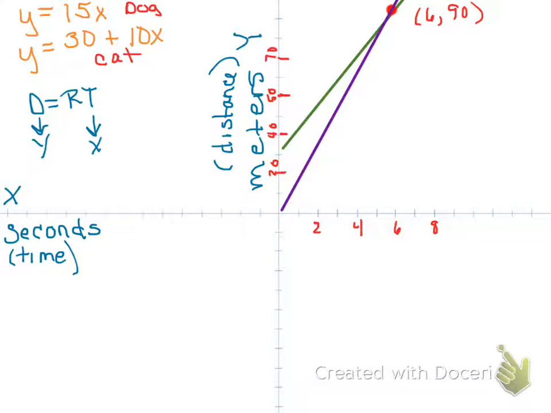And the second equation is telling us that our kitty cat starts this, when this chase starts, he is 30 meters away from the dog, and he can run a distance of 10 meters per second. So we are basically going to take that information and graph it to find out when the dog catches the kitty cat.